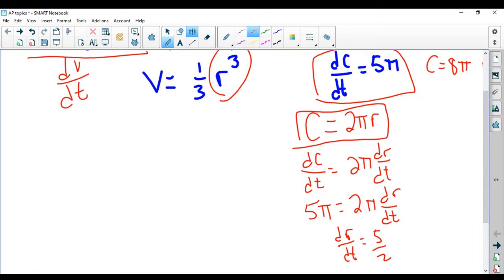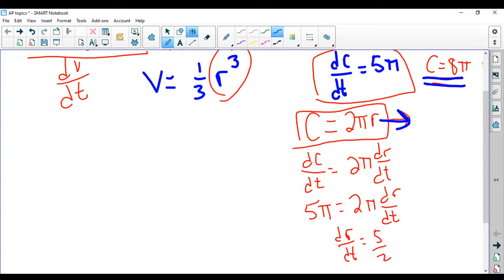Now, we're also going to need to know what the radius is, and that's why they gave us the regular circumference. This has nothing to do with the rate. It's just the regular equation.